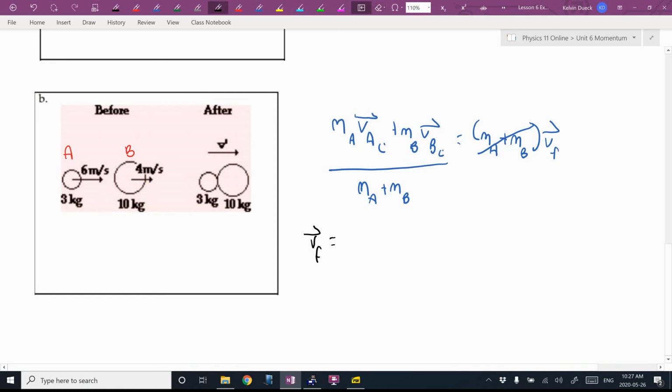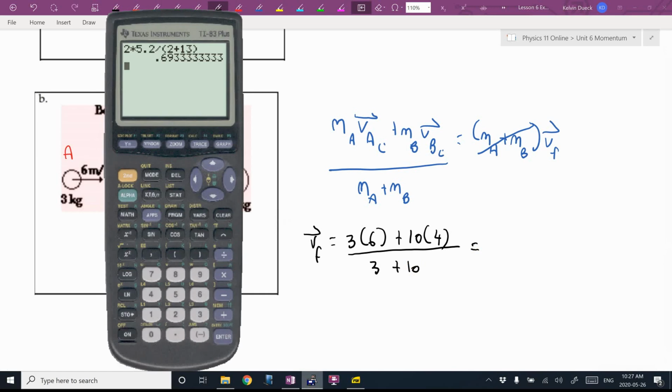Let's find out. It's going to be 3 times 6 plus 10 times 4 divided by 3 plus 10, or 13.